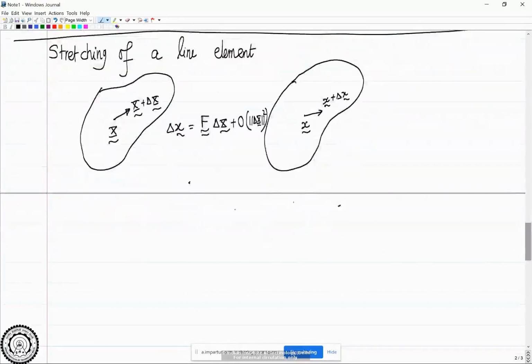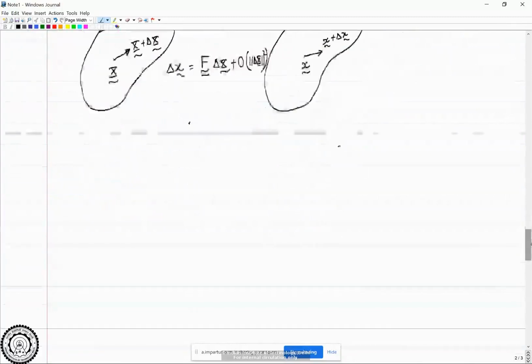Okay, so to know the stretching of a line element, we have to first find out the final length of the line element and then divide it by the original length. So let us suppose I denote stretching by lambda.